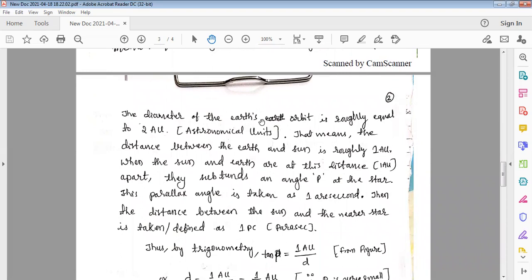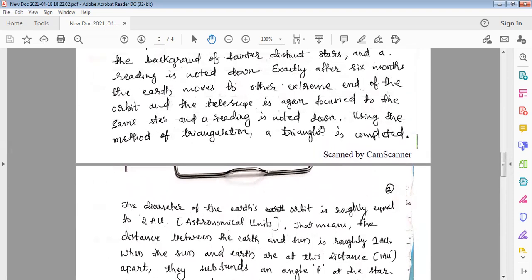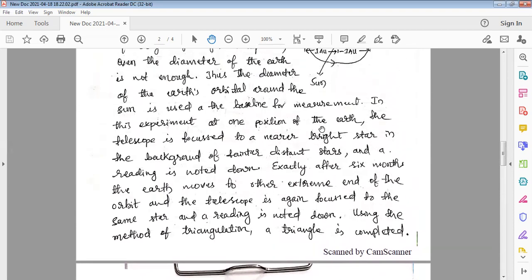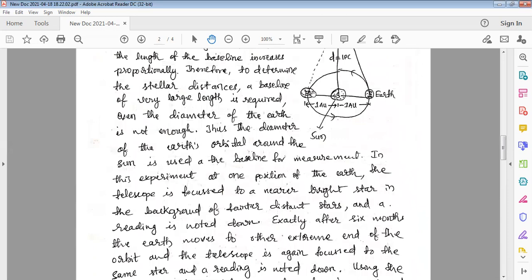So the diameter of the Earth's orbit is roughly equal to 2 astronomical units. Here I have shown the diameter of the Earth's orbit. It is roughly equal to 2 astronomical units. That means half of this, the distance between the Sun and Earth, is 1 astronomical unit.